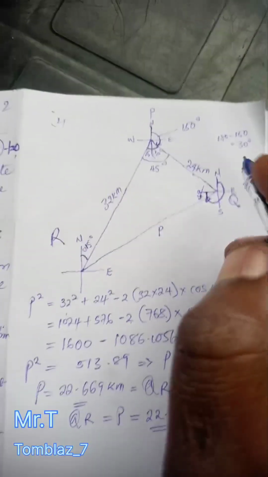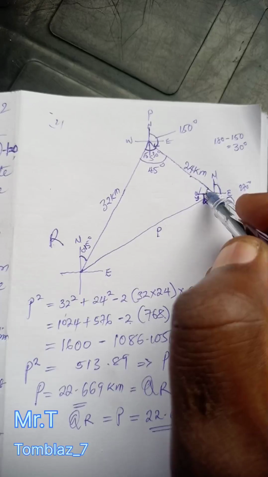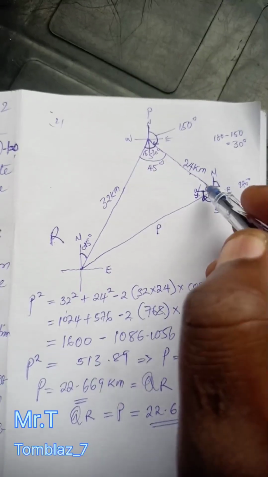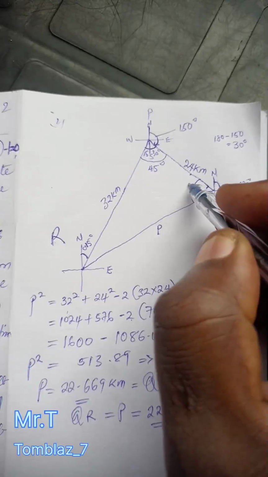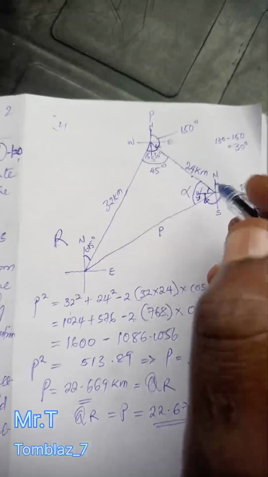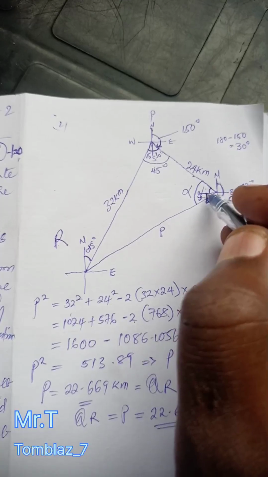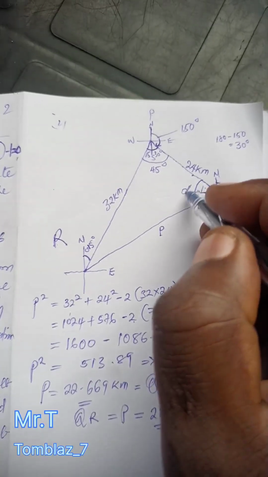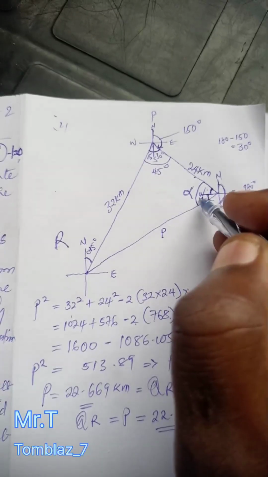Now, let's start analyzing again. What is this angle? If we get this entire angle, let's call it alpha, then we can say this angle minus this angle gives us this angle, right?